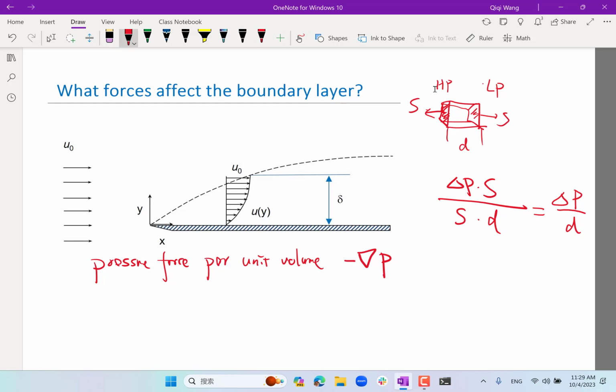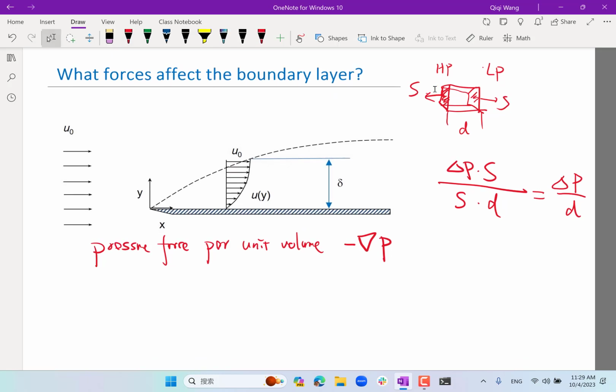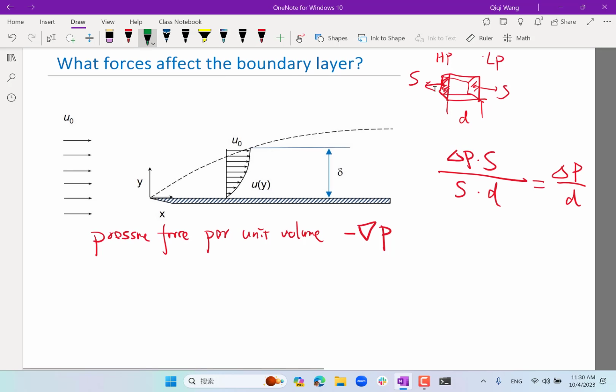Okay, so we're still going to consider that in the boundary layer. But in the boundary layer, there is an additional force we have to consider. That's the topic of this module, viscous force, right? So that's pressure force, and the viscous force is the topic of this lecture.